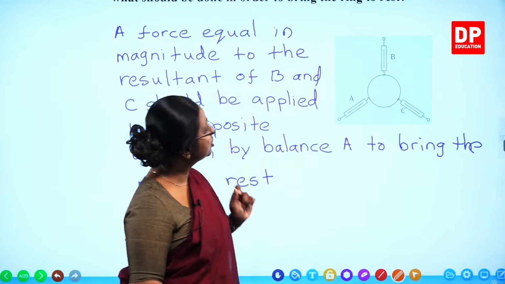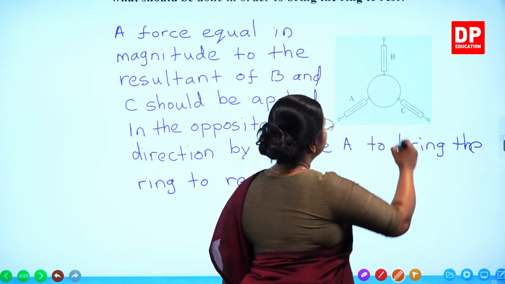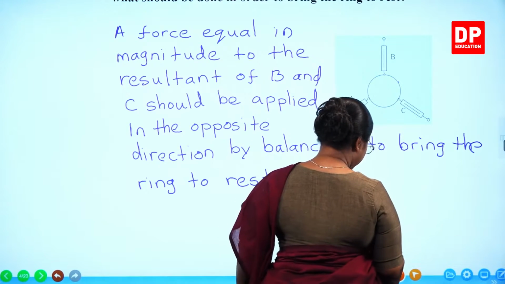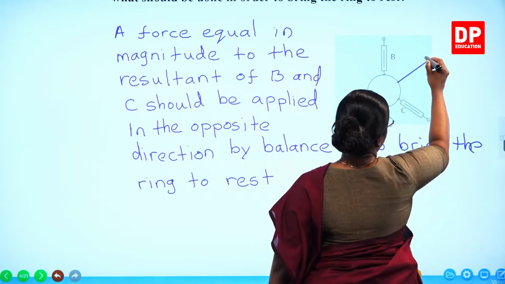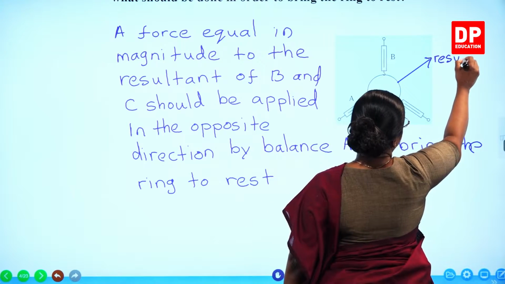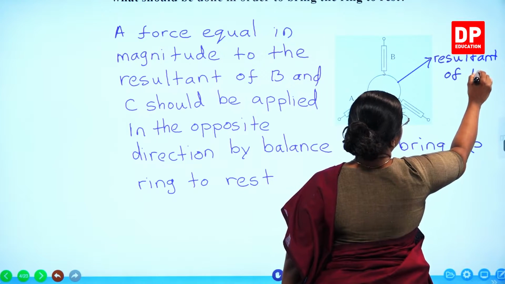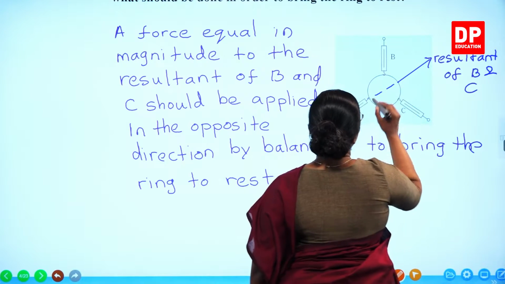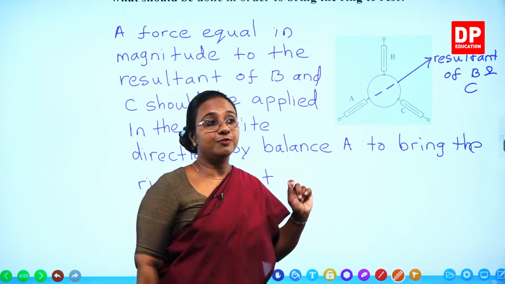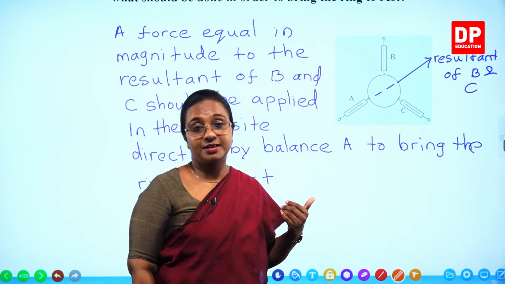So the way it is shown in the diagram, between B and C, the resultant is going to be here. So this is going to be the resultant force of B and C, and that should be balanced by the force A, that is equal in magnitude and opposite in direction.